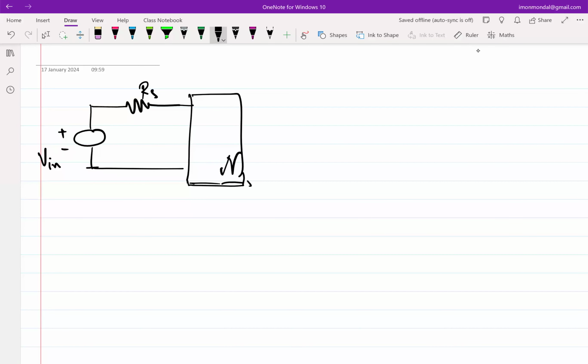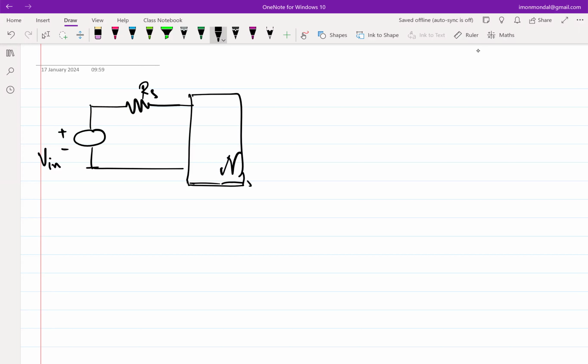What I would like to do is to see if I can replace this V in and Rs contraption with a current source, with the hope that this network N won't get to know, right? This network N won't understand that any change has happened.